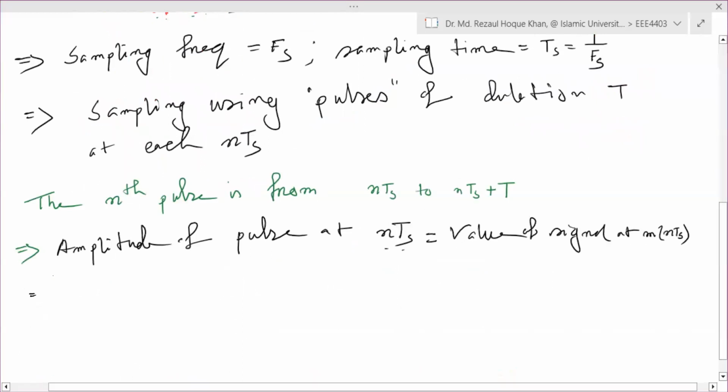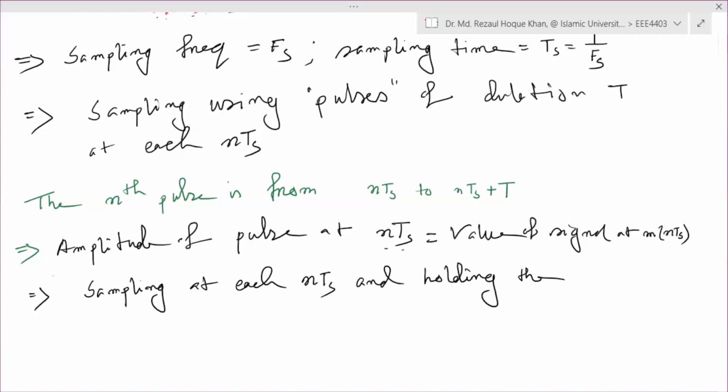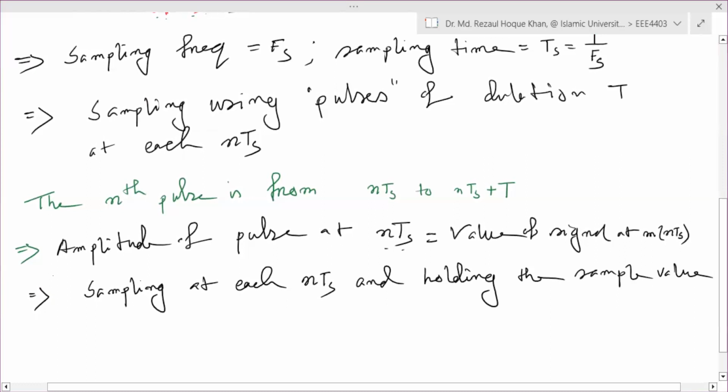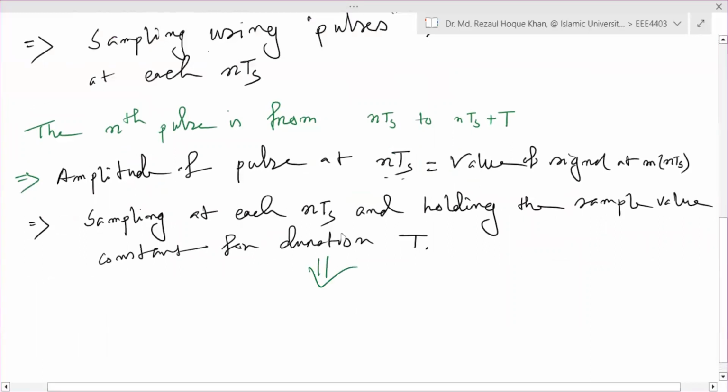So what we are saying is that we are sampling at each nTs and holding the sample value constant for a duration of T. That's why this mechanism is also called the sample and hold mechanism.